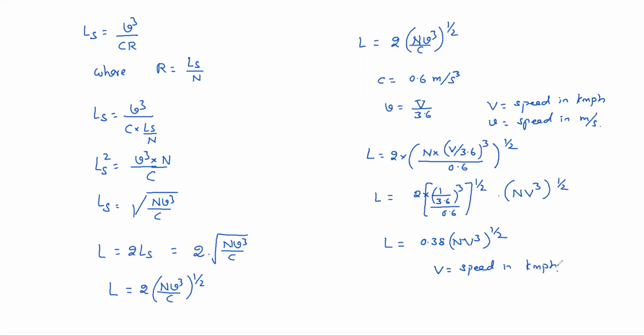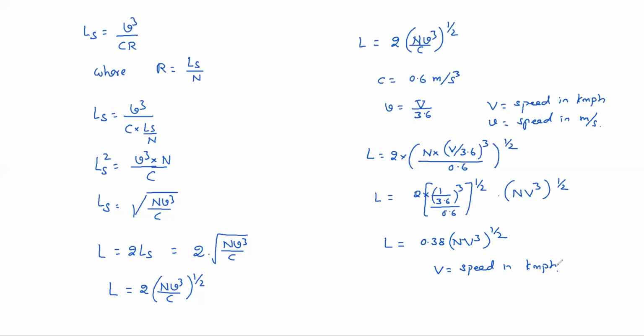You can see that calculation: 2 into, bracket open, 1 by 3.6 cube by 0.6, bracket close, to the power of half. That is 0.378, that is 0.38.